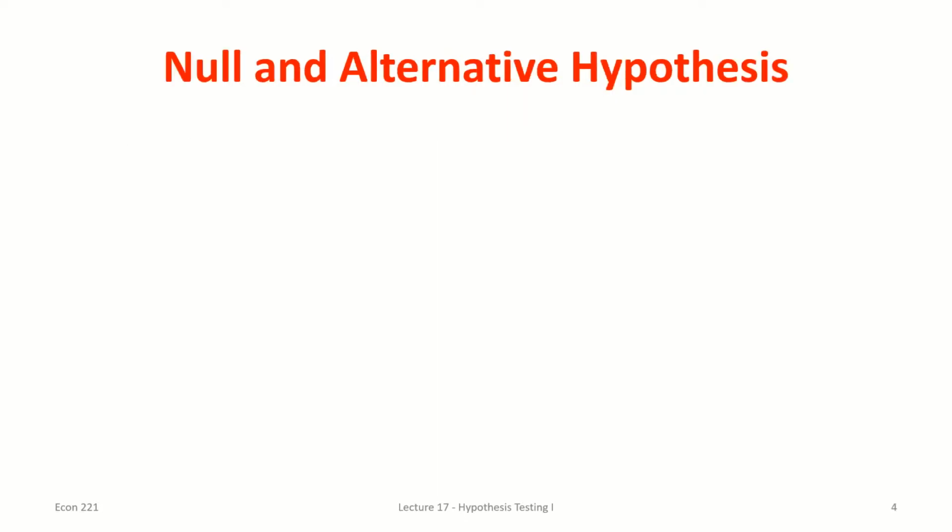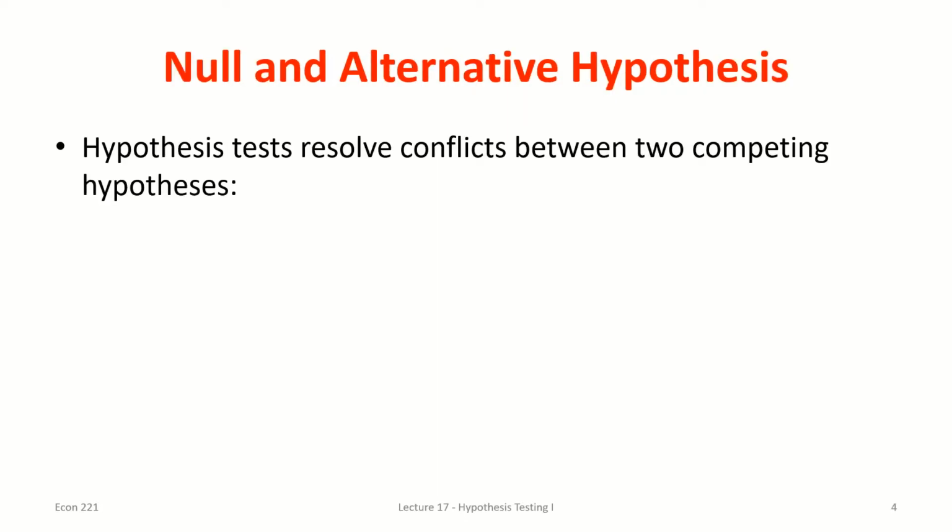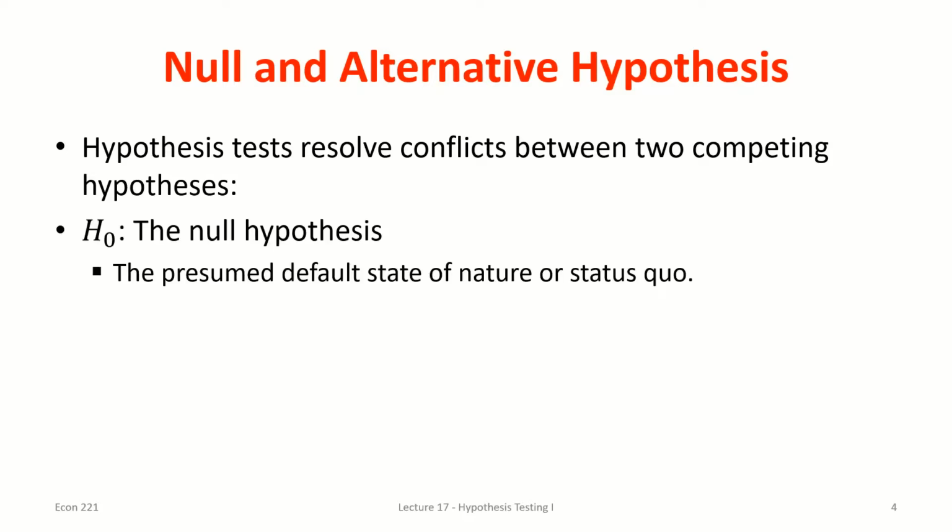Okay. Well, we'll start out. We've got to come up with a null and alternative hypothesis. What are we assuming is true, and what do we want to try to find evidence against? Does the evidence go against that enough to where we can reject it? So the null is going to be this assumed true state of nature, or what we're going to assume is true, and if we can find enough evidence that goes against that, we can reject it.